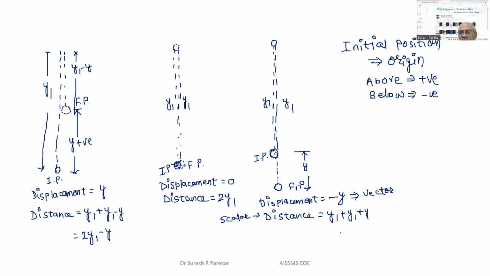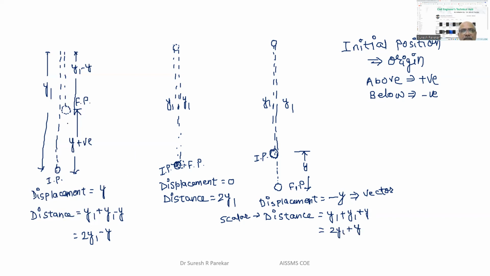In scalar, whether it is below origin or above origin doesn't matter. We just trace the path and add all the quantities along it, and that gives you the distance traveled by the particle.